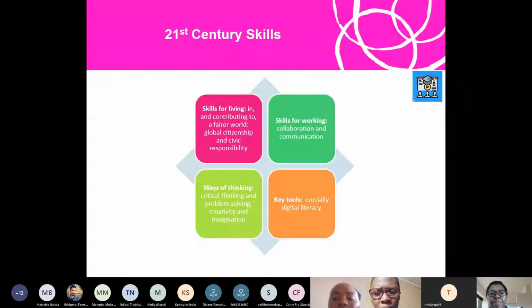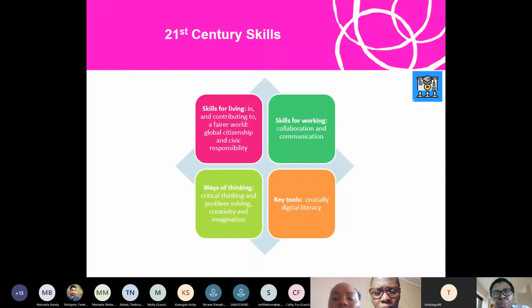And then another important thing that we need to ensure that our learners have is the way of thinking. One of the responsibilities as educators is to ensure that we impart on our learners the 21st century skills. We need to ensure that they are able to think critically at their level, they are able to solve problems at their levels, they are able to be creative and to have imagination.